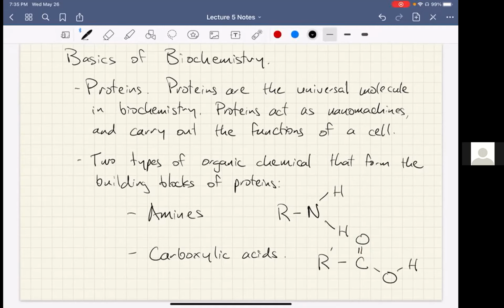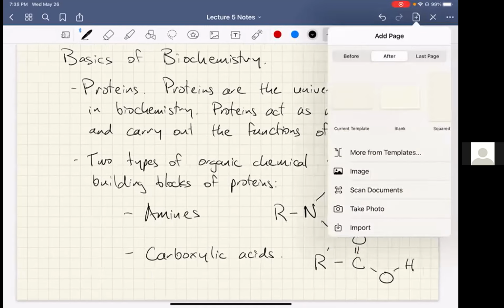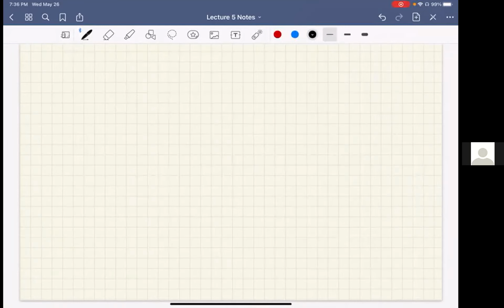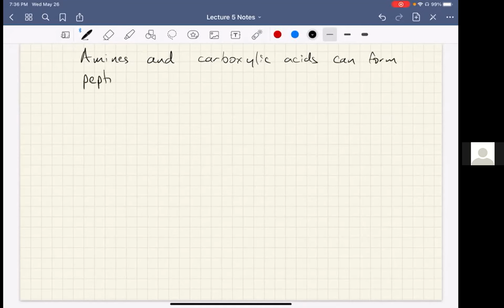So what's important about these is that amines and carboxylic acids can form what are called peptide bonds. And what does that look like?